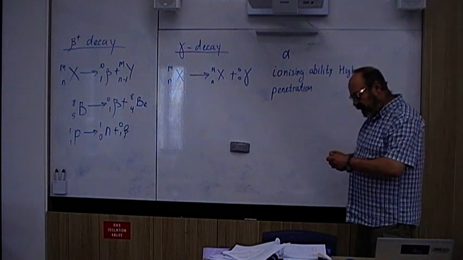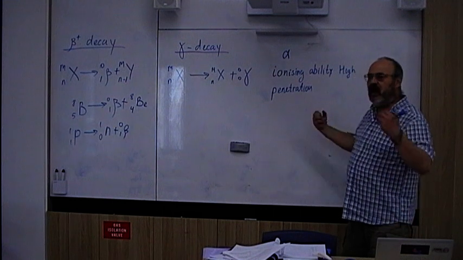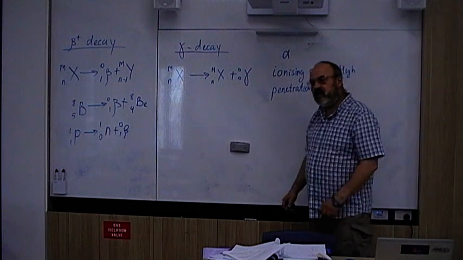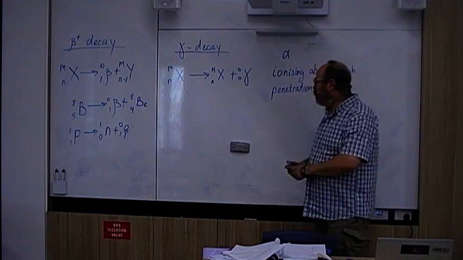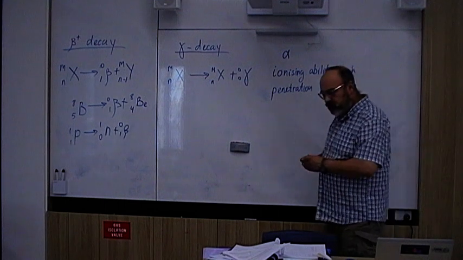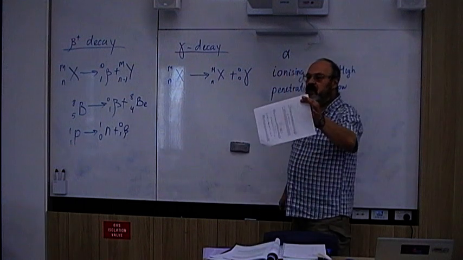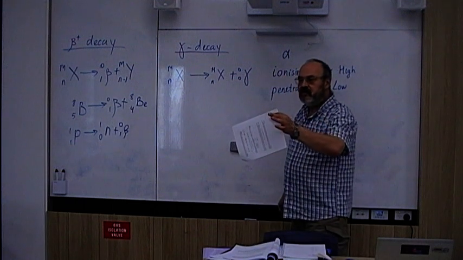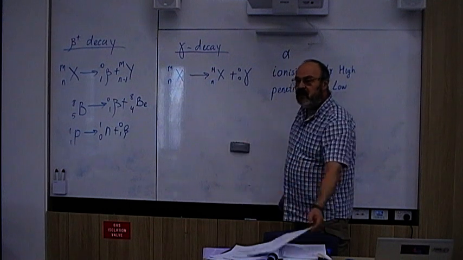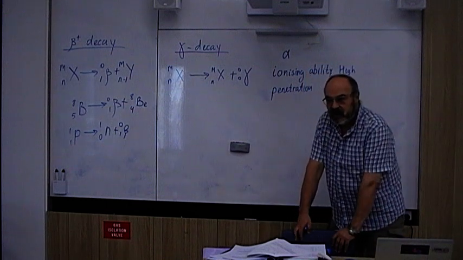Penetration ability: because it is heavy and collides strongly, it loses its energy very quickly. So it has very low penetration ability. You can protect yourself from alpha radiation with a sheet of paper. Just put it in the way of the alpha particles and you are safe. In the air, it will go only a few millimeters.